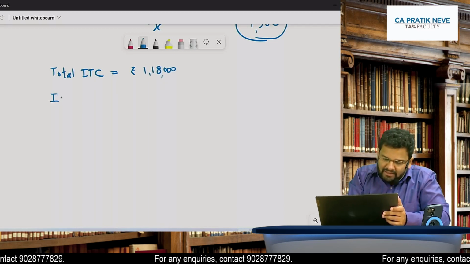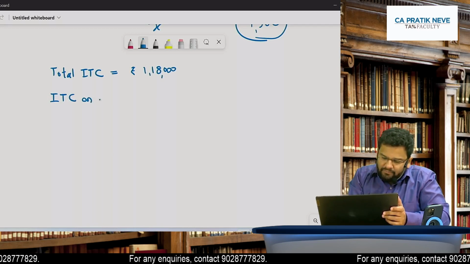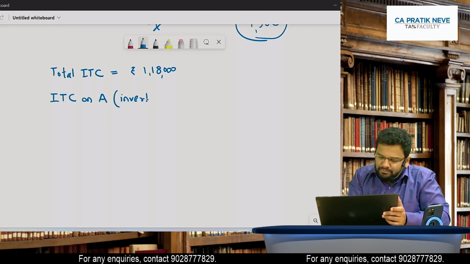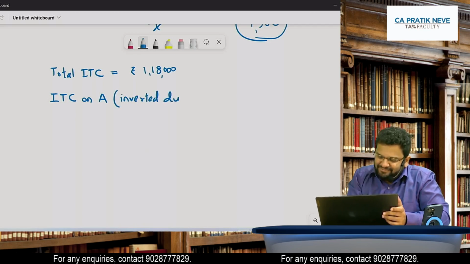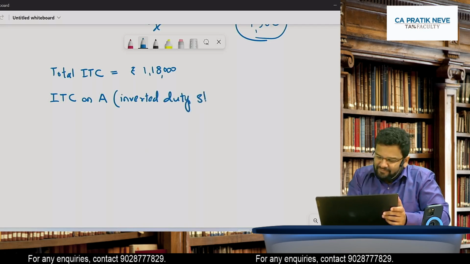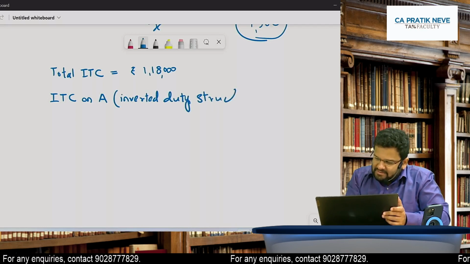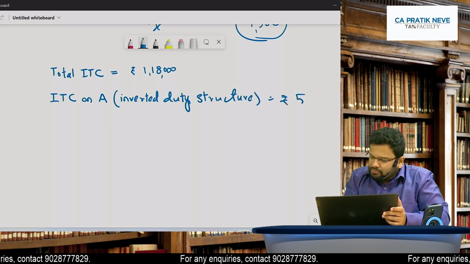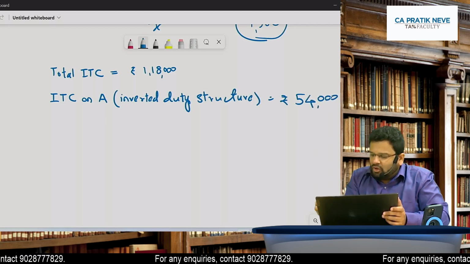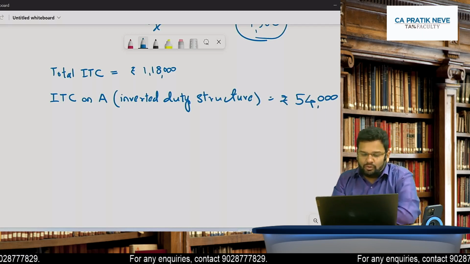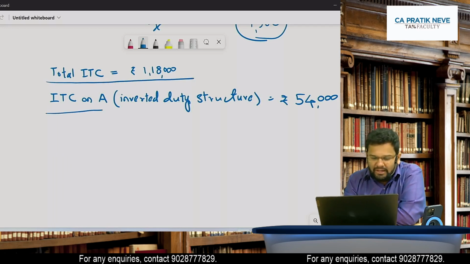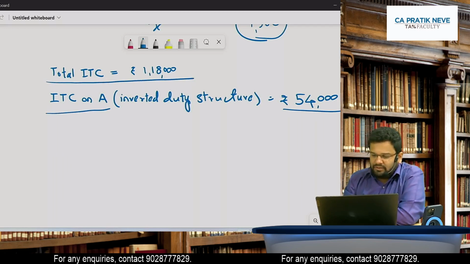What is the ITC on A, which is the inverted duty structure product? Yes, on the inverted duty structure product, it's rupees 54,000. So all these figures will be helpful to us. You know total ITC, you know ITC on A, which is 54,000.